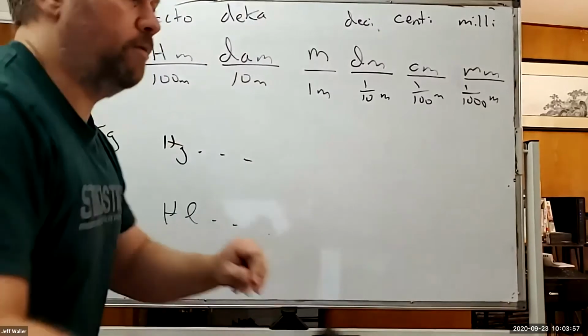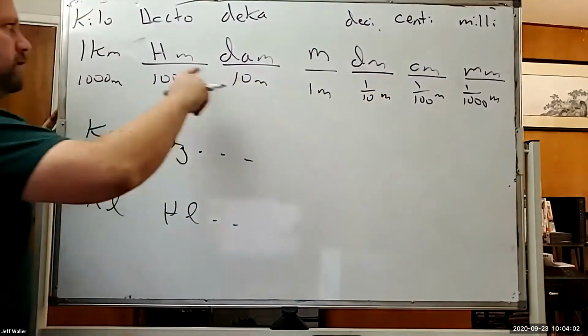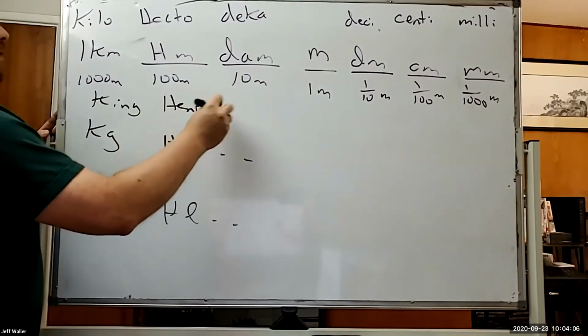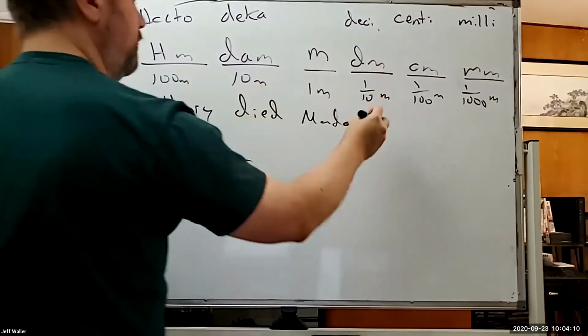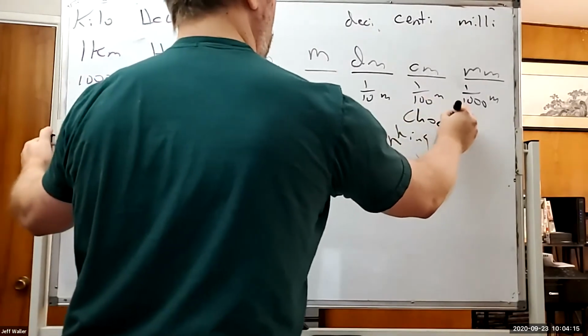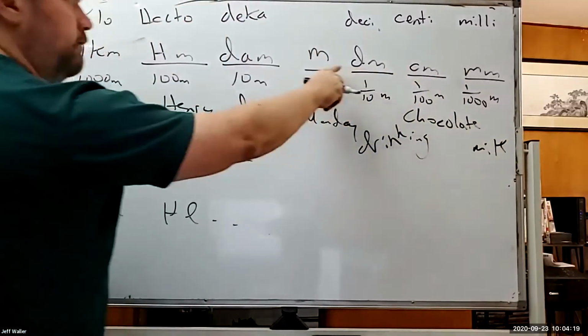Anyway, what's really funny to me is to know this system, you use King Henry. King Henry died Monday drinking chocolate milk. Do you see how it relates to the prefixes?